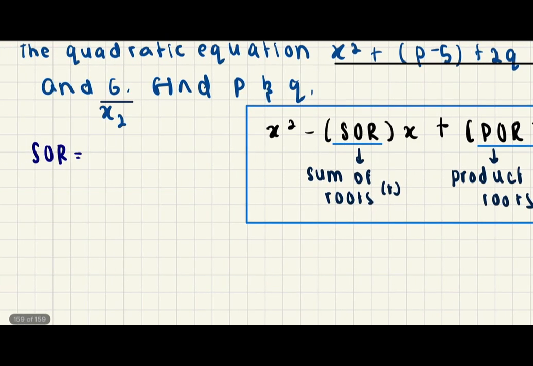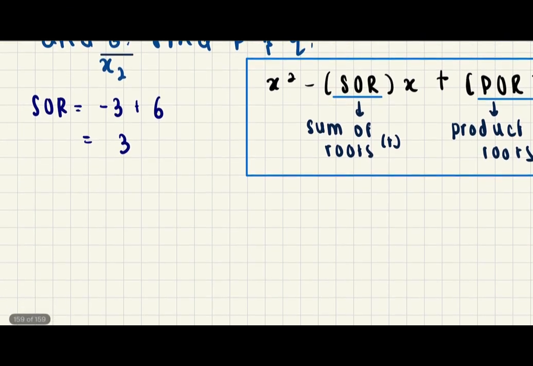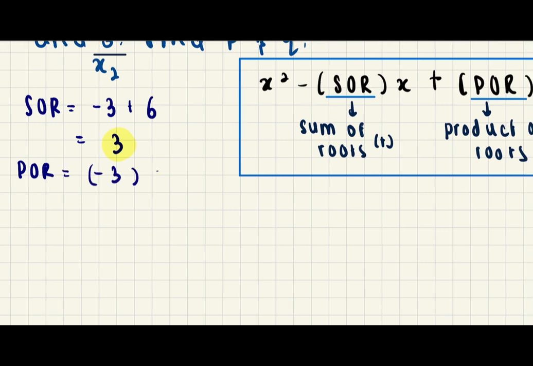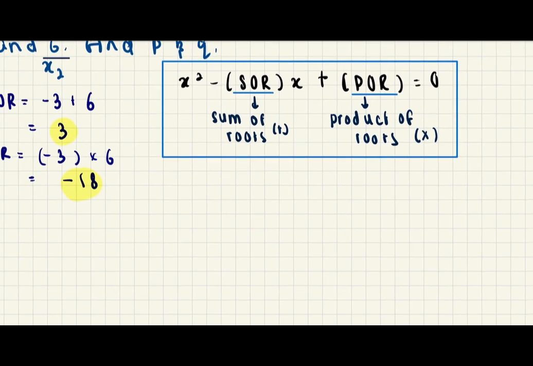Sum means plus, so negative 3 plus 6, you get 3. So this is your SOR. What about our POR? Your POR is when you multiply negative 3 with 6. You will get negative 18. This is your POR.